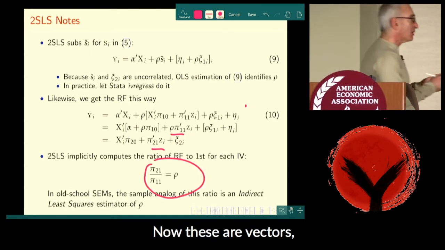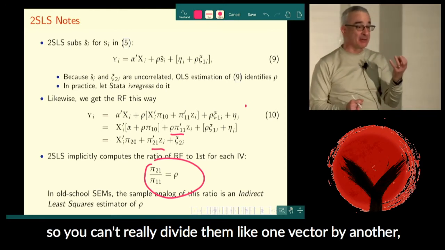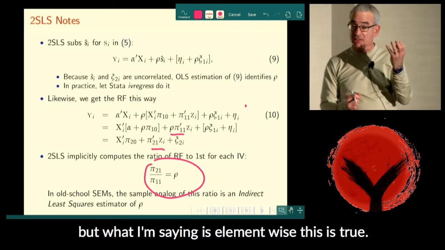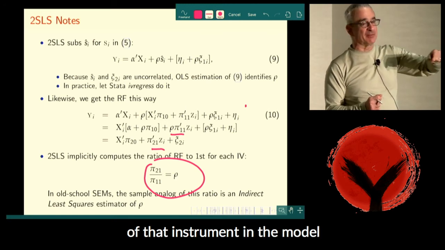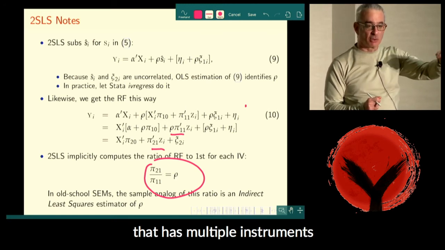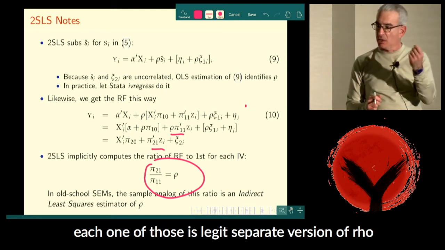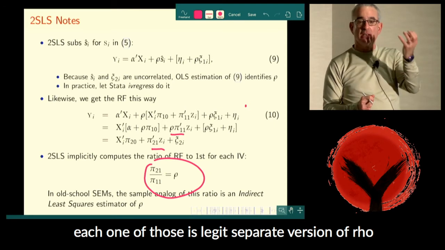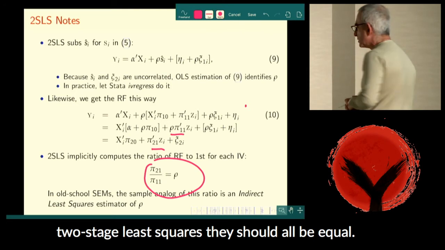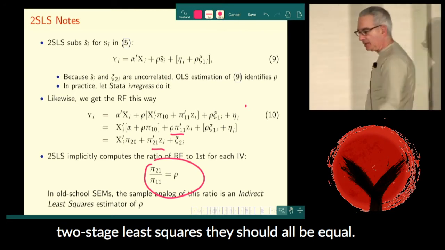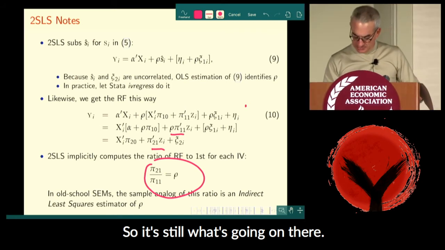Now, these are vectors, so you can't really divide one vector by another. But what I'm saying is element-wise, this is true. For each instrument, the reduced form effect of that instrument in the model that has multiple instruments divided by the first stage effect of that instrument, each one of those is a legit, separate version of rho, and under the assumptions that motivate two-stage least squares, they should all be equal, okay? So that's still what's going on there.